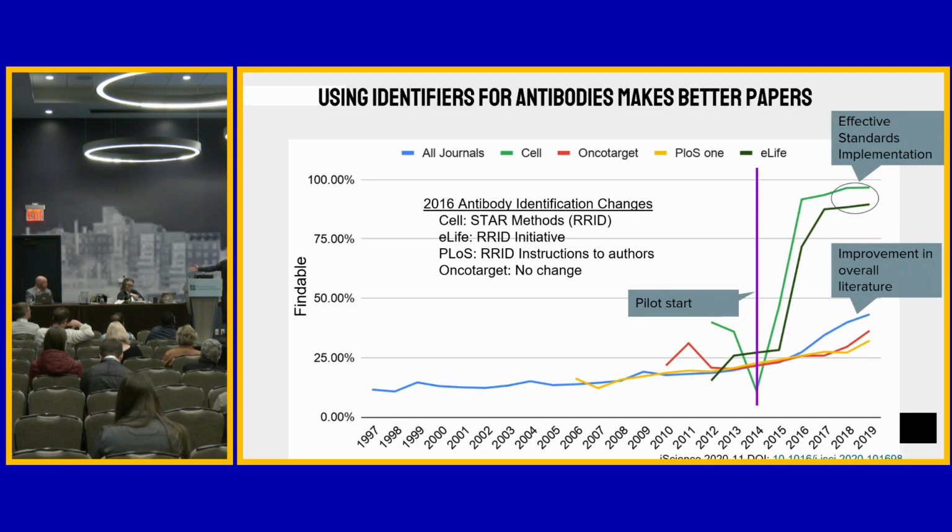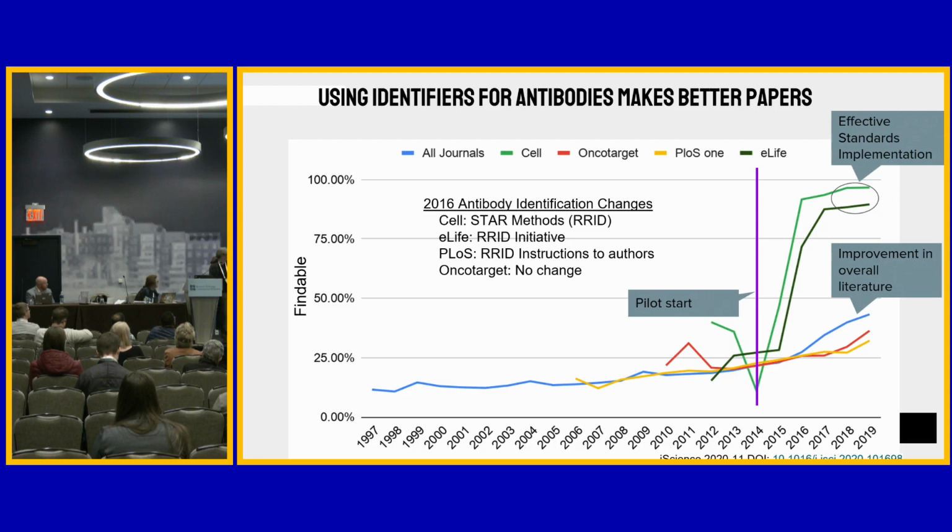How do you know that we've made any difference, any impact at all in anything? Well, this graph. Here we text mined the heck out of the scientific literature, looking for every single antibody that we could find in the open access literature. We found over 300,000 of those mentions, and back in the 90s, 10% of them were associated with a catalog number.